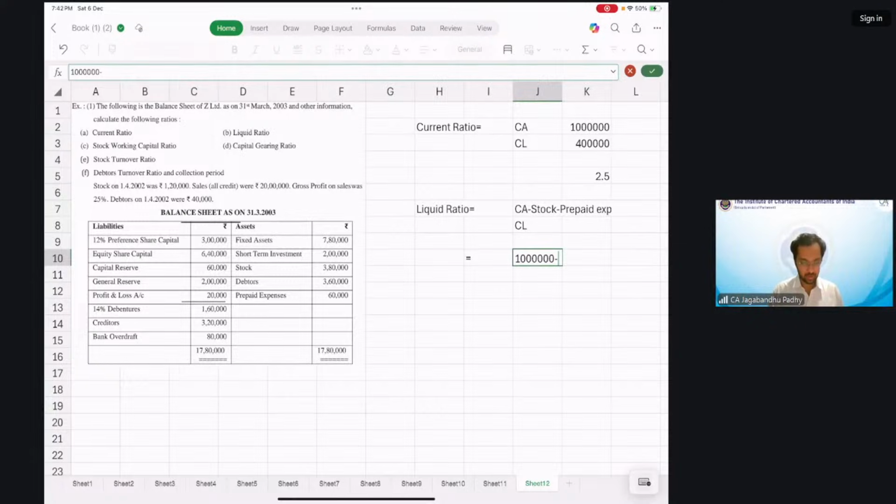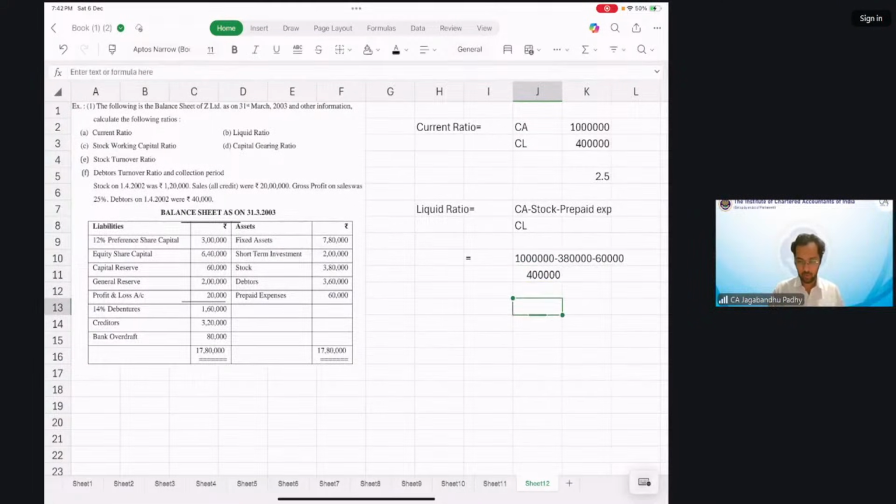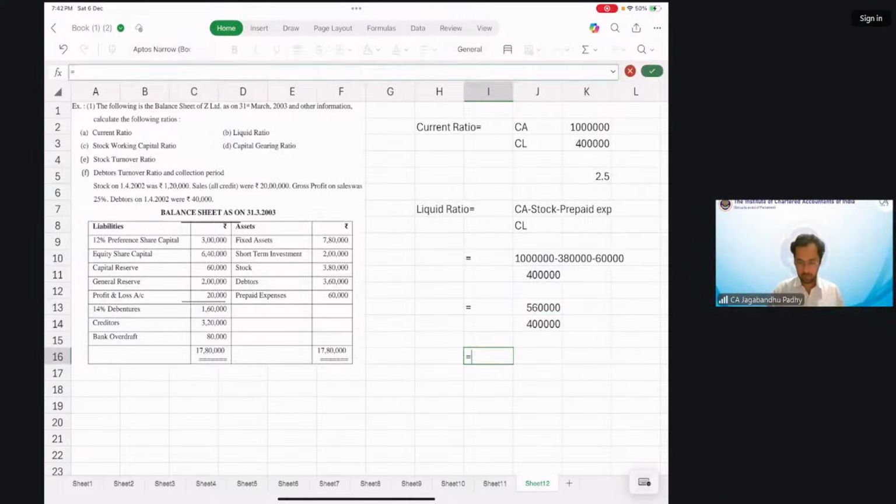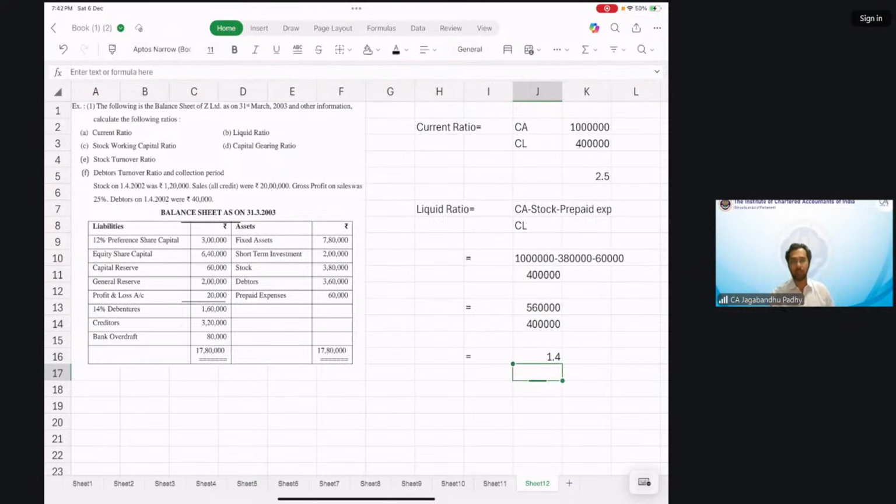From that, we have to subtract the stock value, which is 3,80,000 and 60,000, and then divide it by 4 lakh. Right? So liquid ratio is what? 5 lakh 60 divided by 4 lakh, which is 1.4. Right? Liquid ratio.